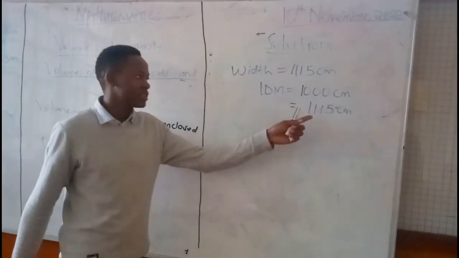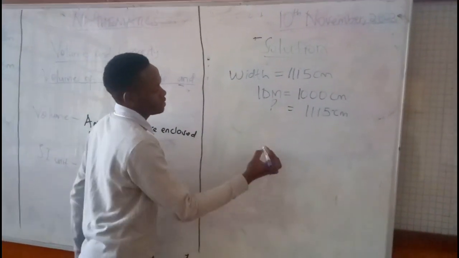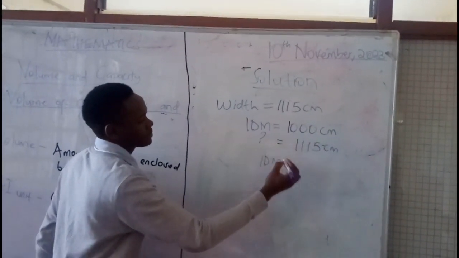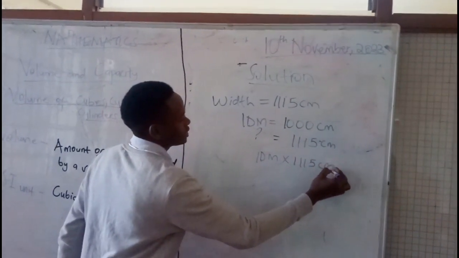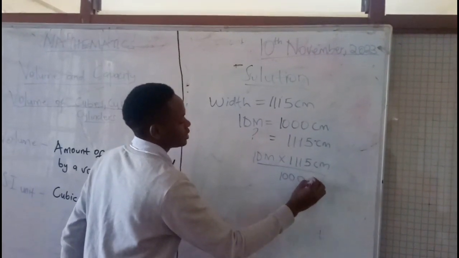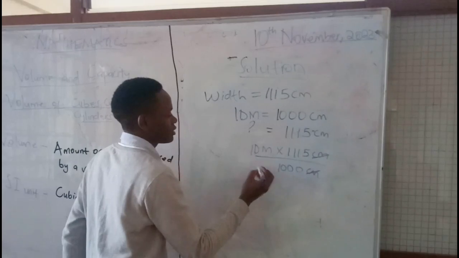So we cross multiply. It will be 1 decameter times 1,115 centimeters divided by 1,000 centimeters. Centimeters and centimeters cancel.